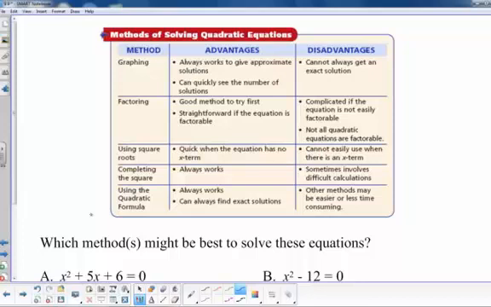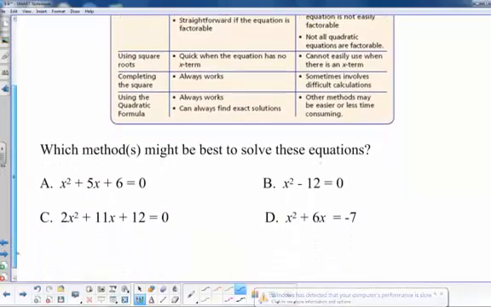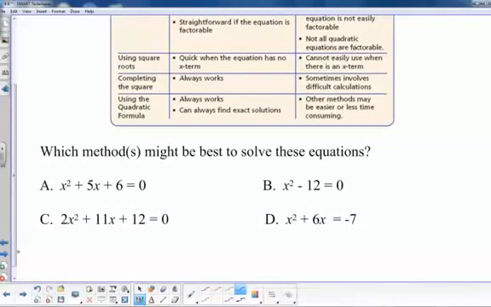Square roots, if you can easily solve for x and something is square rootable, that's a great method. If not, it's not going to work. Completing the square will always work. Sometimes it's a little bit difficult, but it's a good way to solve. And then using the quadratic formula is very easy to make a mistake. You can always find the exact answer, but other methods might be easier.